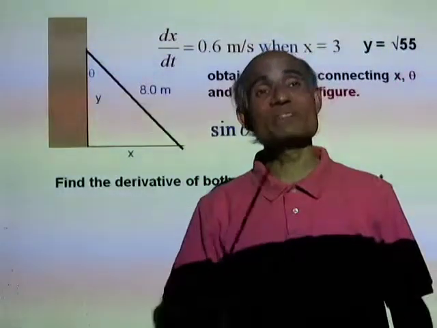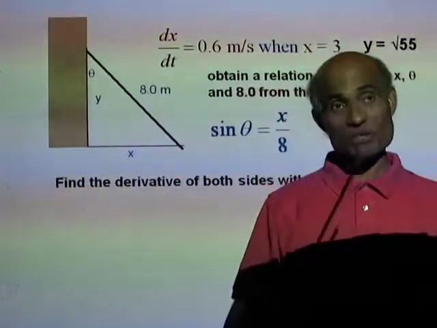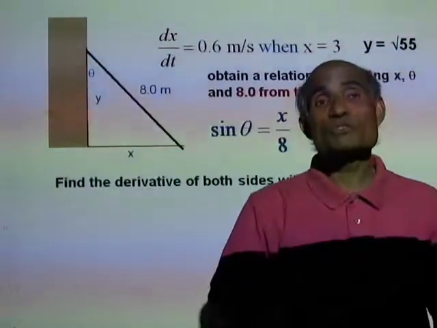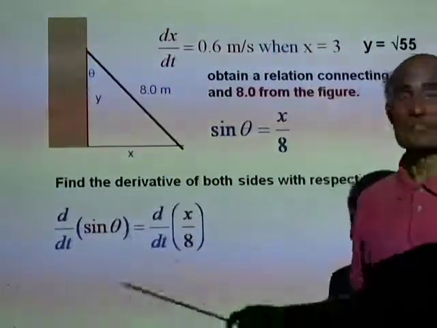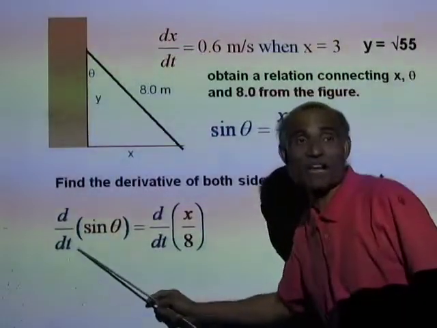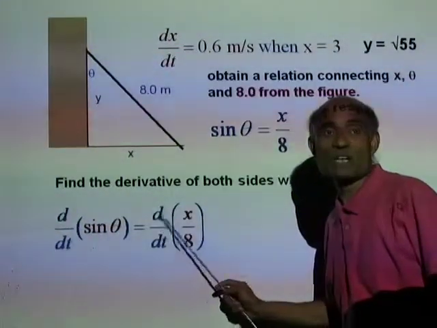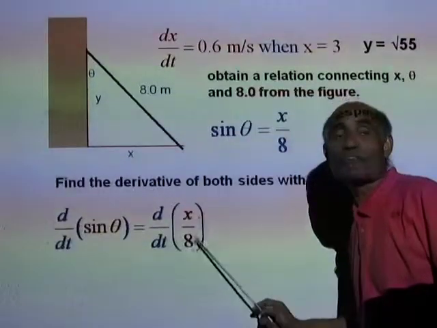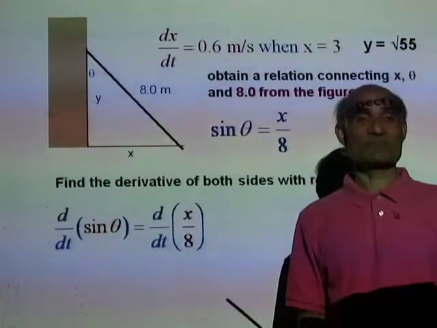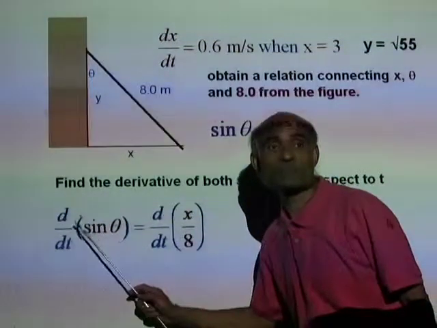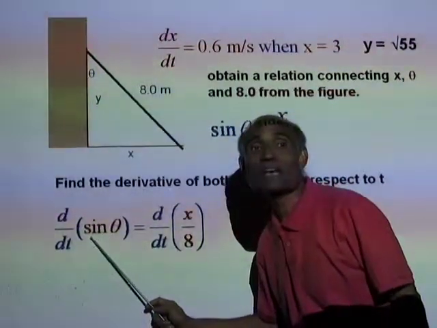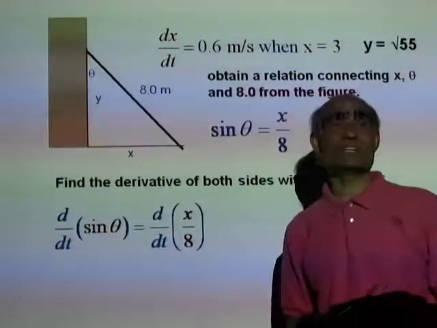The derivative of sine theta with respect to t is cos theta times d theta by dt. So, the derivative of sine theta with respect to t equals the derivative of x over 8 with respect to t.